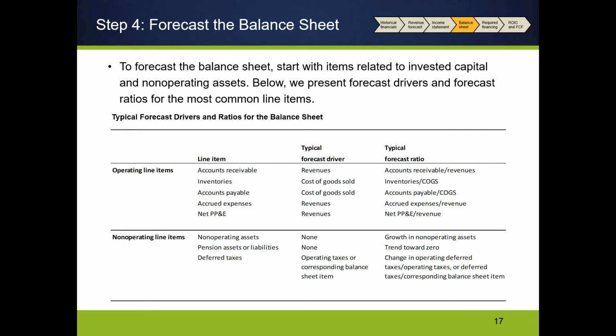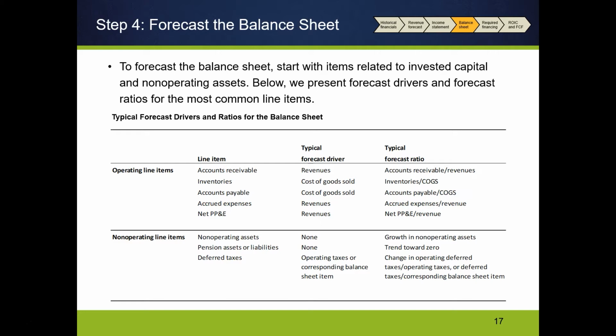Pension assets and liabilities, remember, this is money that we owe our pension plan or money that our pension plan has generated on top of what it needs. And we are just going to assume those kinds of things trend towards zero. Again, the firm shouldn't be in the business of having excess money in the pension or too little money in the pension, although too little money, again, is the norm in the US and most of the developed world.